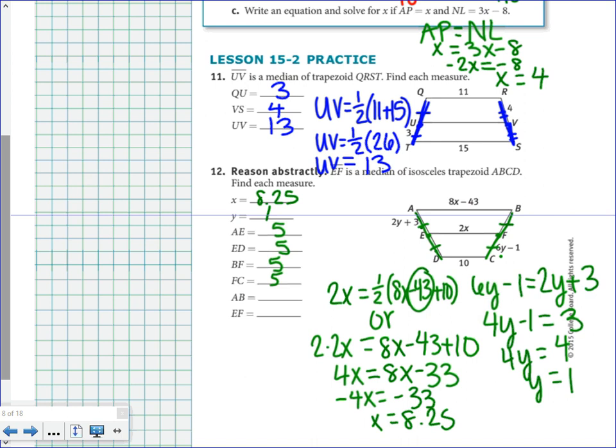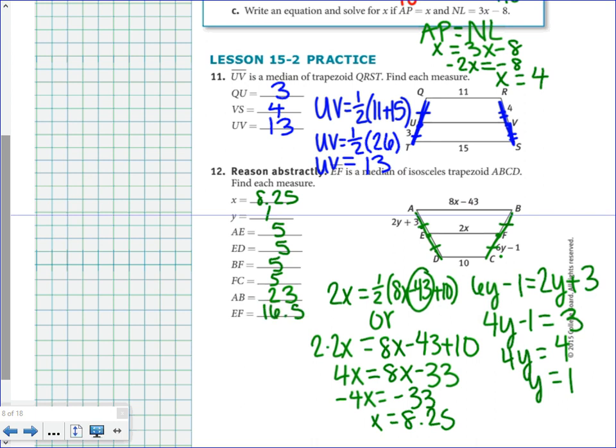Then we need to plug those in to find the length of AB and EF. So 8 times 8.25 minus 43 is going to leave you with 23 for AB. And then 2 times 8.25 is going to give you 16.5.